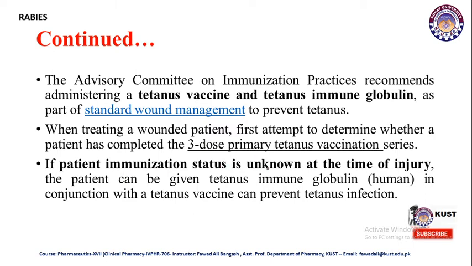If the patient's immunization status is unknown at the time of injury, the patient can be given tetanus immune globulin in conjunction with the tetanus vaccine to prevent a tetanus infection.